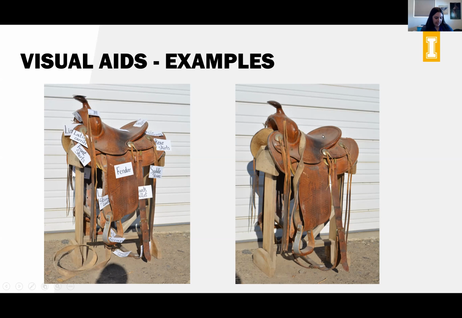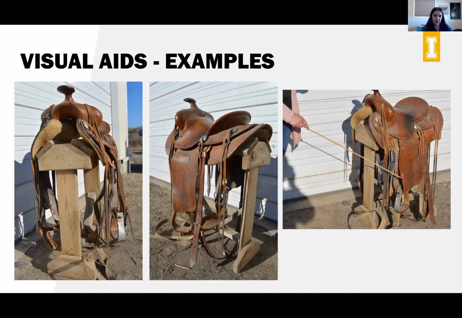Looking at the next slide, we also thought that you could use a piece of tack that's just as dynamic, with that 3D aspect of a saddle, where you have different parts and pieces up and under and all around. You could take pictures from different angles and really highlight those pieces of a saddle.